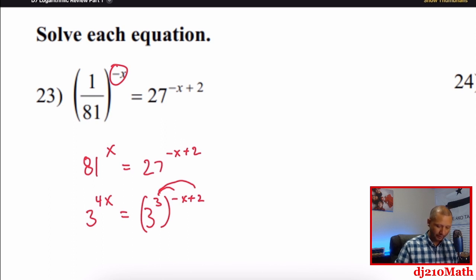So this is going to be 4x equals negative 3x plus 6. Right, because the 3 has to distribute. So this is just algebra 1, basic one variable algebra.